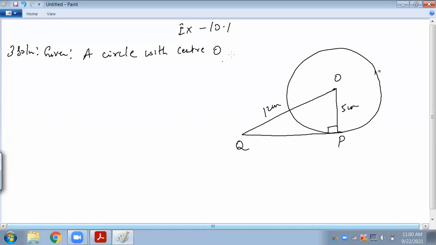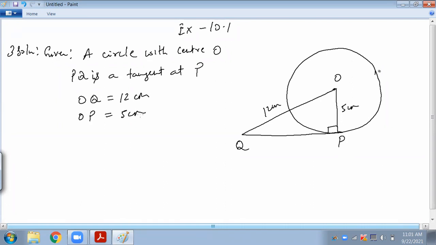Then PQ is a tangent at the point P. Then OQ is given as 12, and the radius OP is given as 5. Then to find PQ.